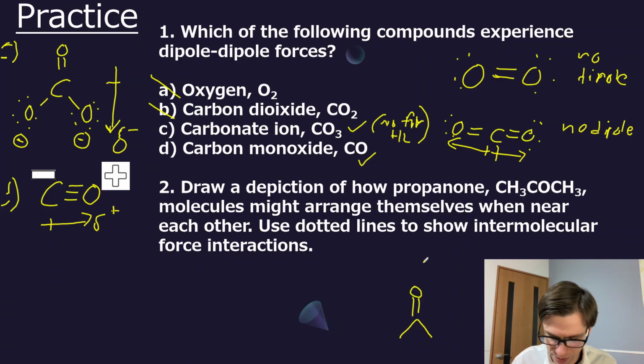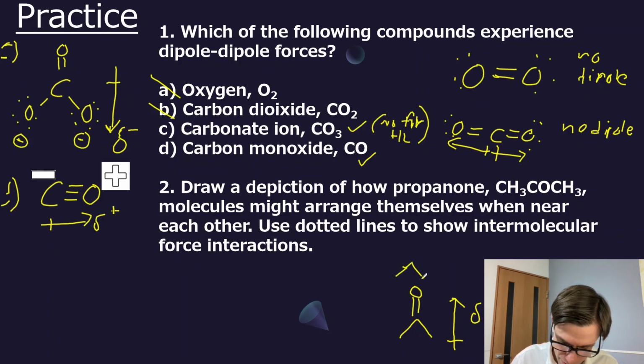CH3 on the left, C double bond O in the middle, CH3 on the right. So oxygen being much more electronegative will push the vectors and the dipole of this upwards, the way that I've drawn this here.